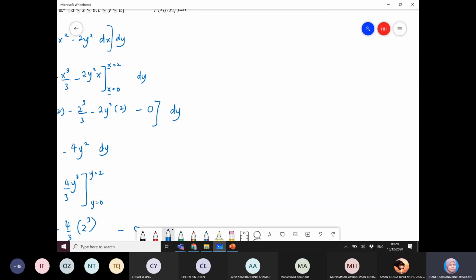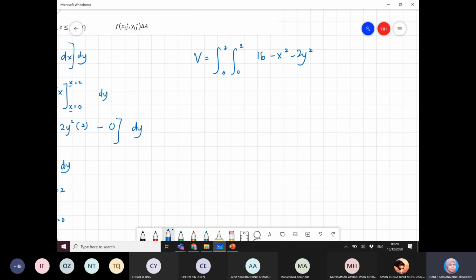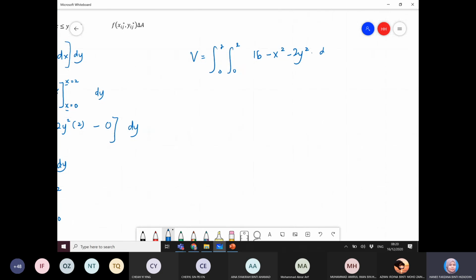Okay, so V equals the integral from 0 to 2, 0 to 2, of the function 16 minus x squared minus 2y squared, now dy dx. So we are going to do the inner integral first.